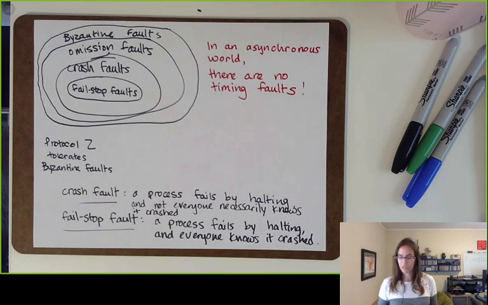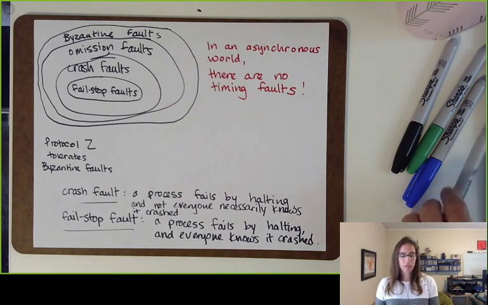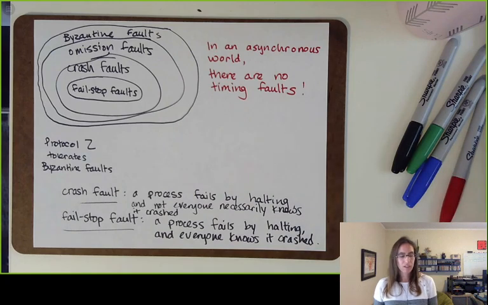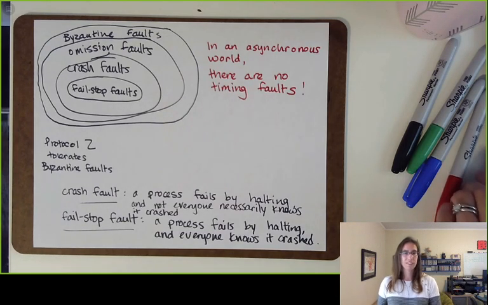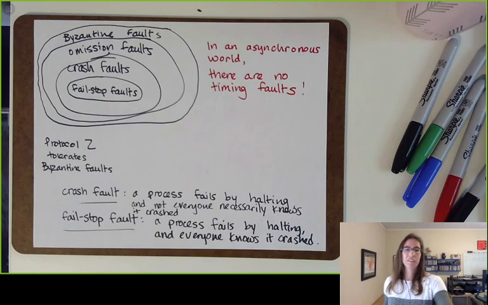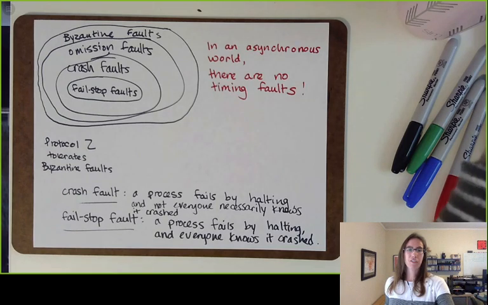So in other words, messages can be arbitrarily slow. So we're not going to be thinking about timing faults, because in the asynchronous network model, which is where we're spending our time, timing faults really don't apply. So I haven't included them in this picture here. It's a little bit of a head scratcher, isn't it?